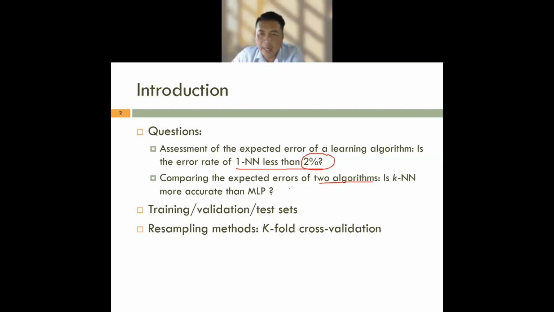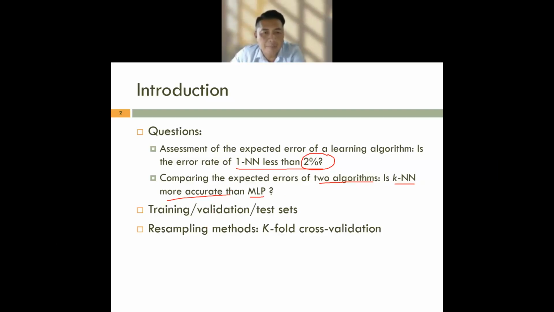So in this example, we want to know whether the k-NN is more accurate compared to the multi-layer perceptron. Okay, so we are using the same data and we are performing the classification. So we are taking two algorithms and we will compare the performance based on the accuracy.